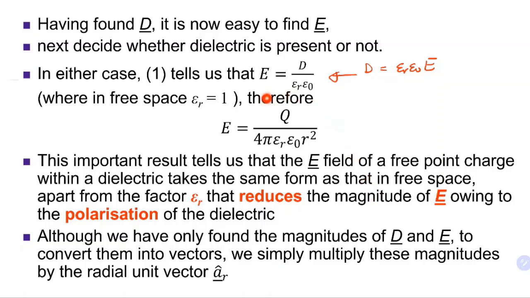And we can find out the electric field of that charge. And if it's free space, then epsilon R will be 1. We substitute epsilon R as 1 for free space. E will be equal to Q over 4 pi epsilon naught r squared.